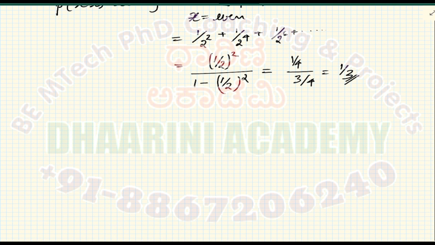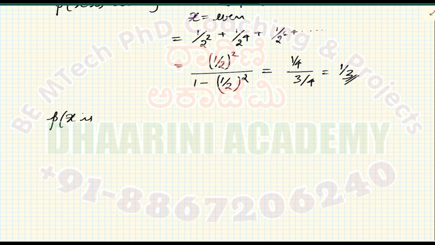Let's go to the next part. What is the chance that x is divisible by 3? X divisible by 3 means it should be either 3 or 6 or 9 and so on. It's the same thing they are asking in a different fashion, only the calculation will slightly vary.